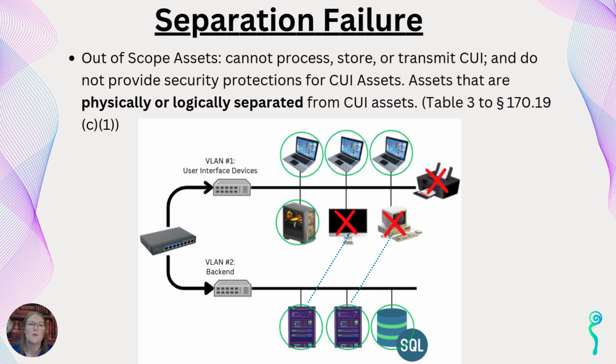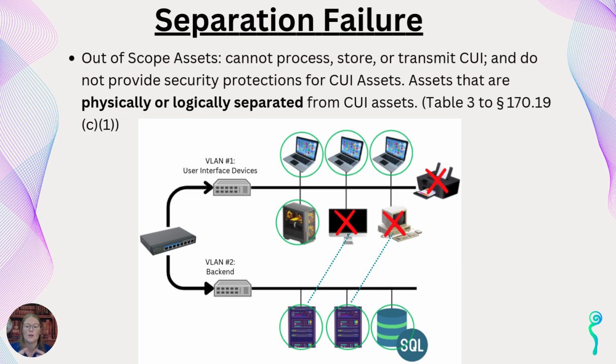And so this diagram here, I tried to put a diagram together that depicts what I've seen in several assessments and consulting projects, where an organization has identified their CUI assets, and then they have identified out of scope assets.